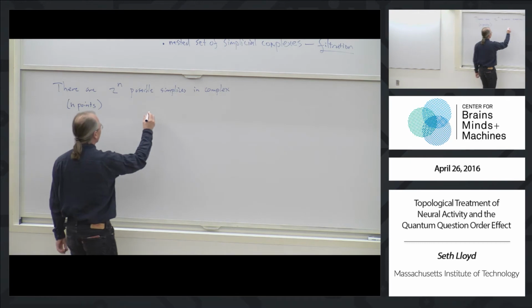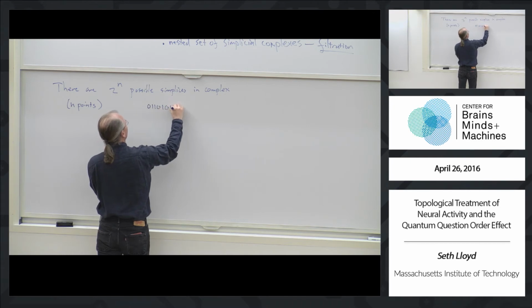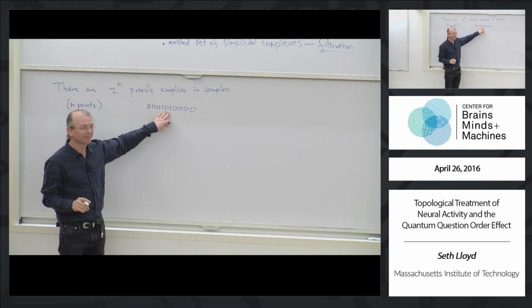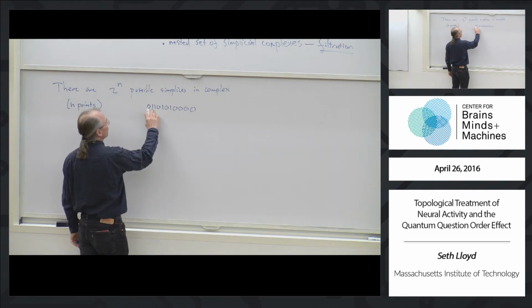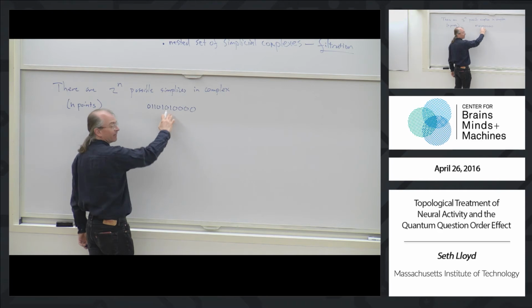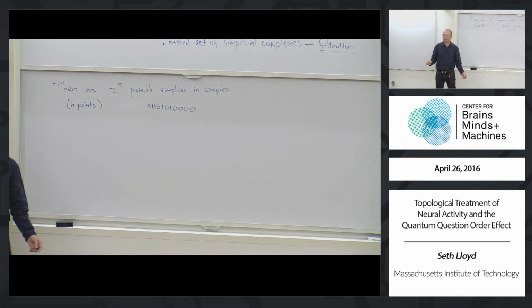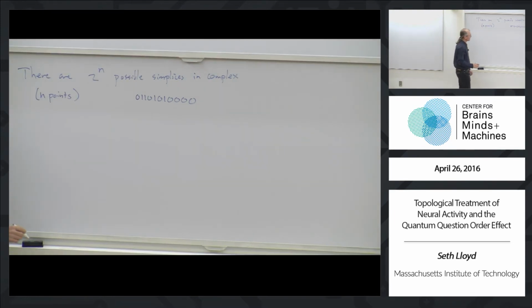But it's much easier to just see it in the following way. I can label a simplex just by putting a 1 there if a vertex is in the simplex and putting a 0 if the vertex is not. So this is a tetrahedron that contains vertices 2, 3, 5, and 7. All right? Does this make sense? It's a way of labeling the simplices in the complex.